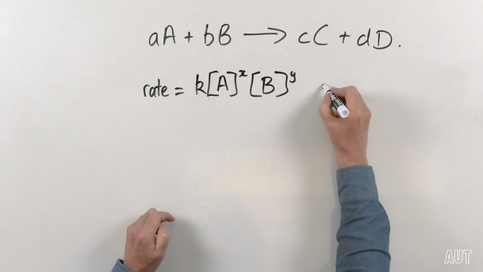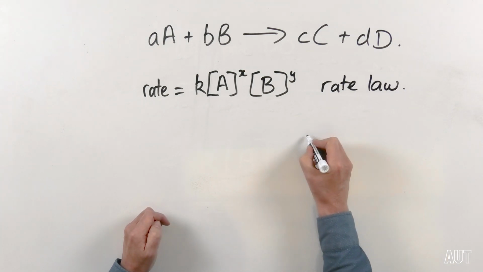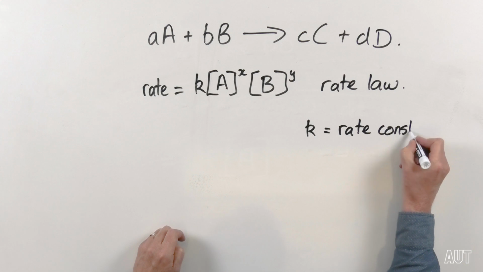This is what we call the rate law. And just reminding you, little k, as opposed to big K, the equilibrium constant, is the rate constant.